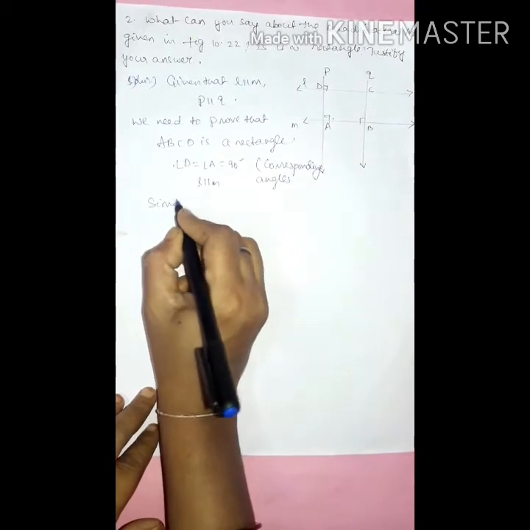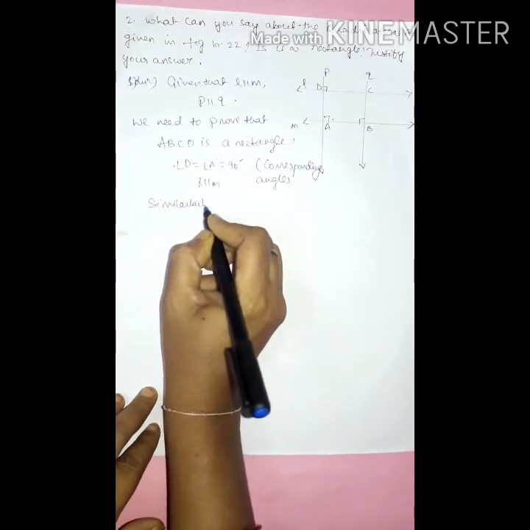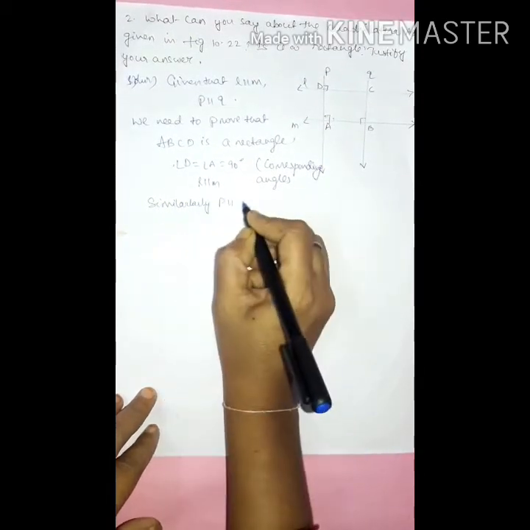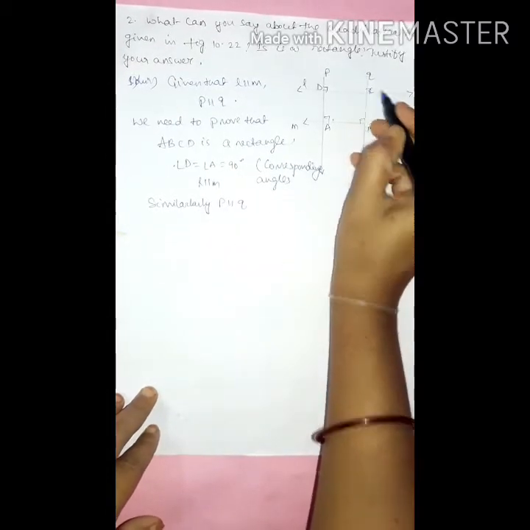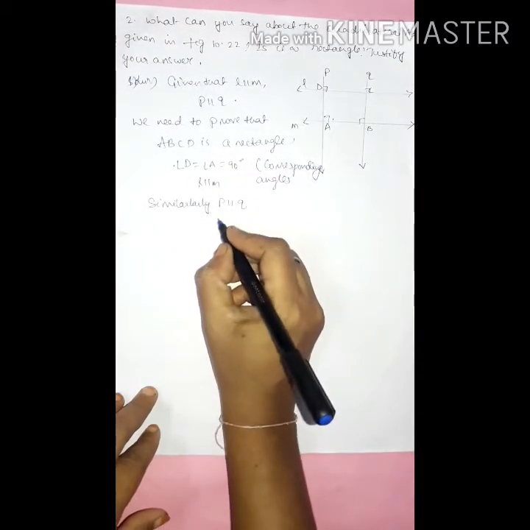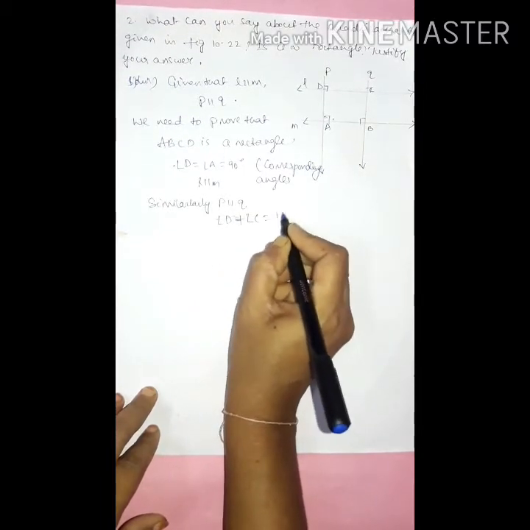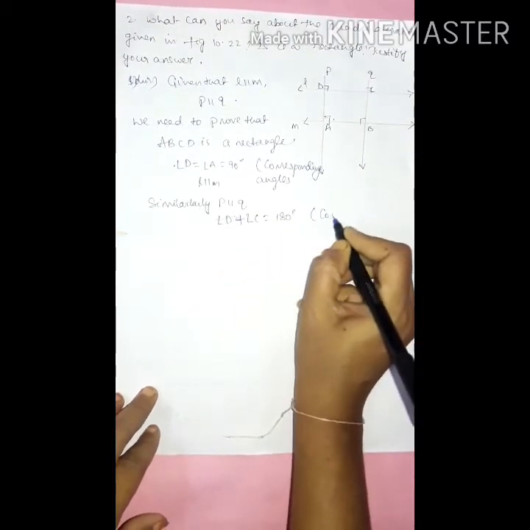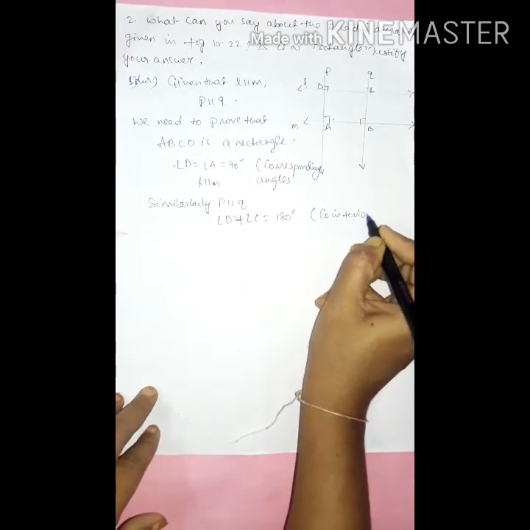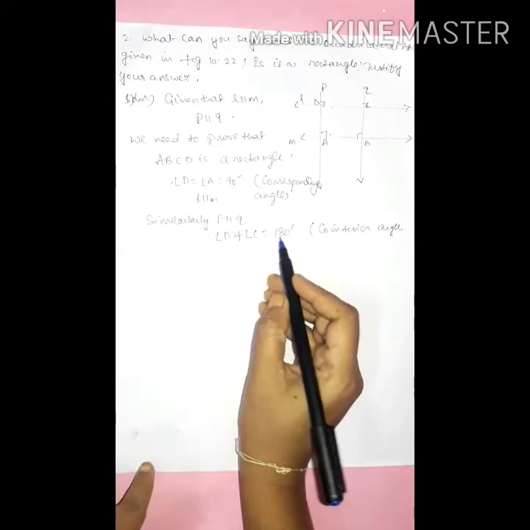Similarly, P is parallel to Q. So angle C is also 180 degrees. Angle D plus angle C is equal to 180 degrees. These are co-interior angles.